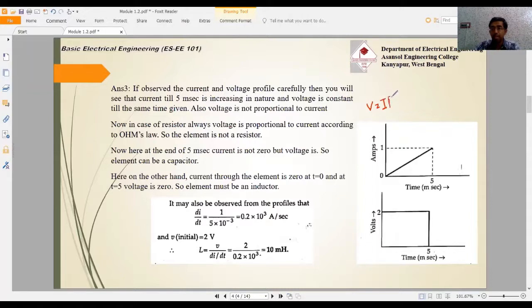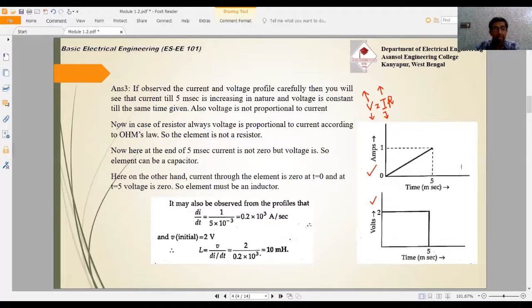If R is constant, and current is increasing, the voltage will increase. If current is decreasing, voltage will decrease. So it is a linear relationship. So this element is not a resistor, because you can already see from these curves.